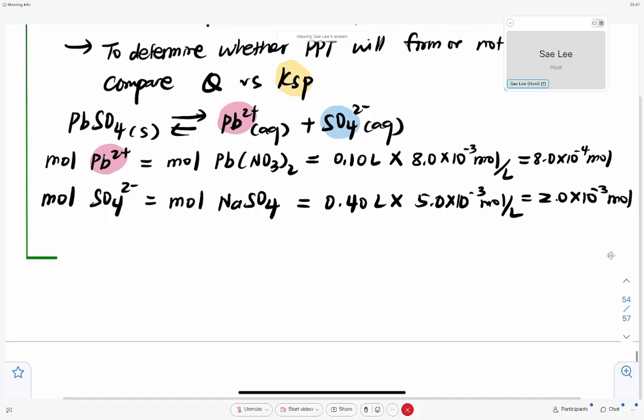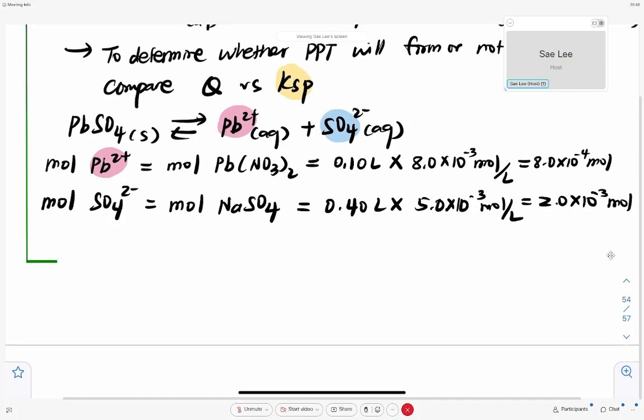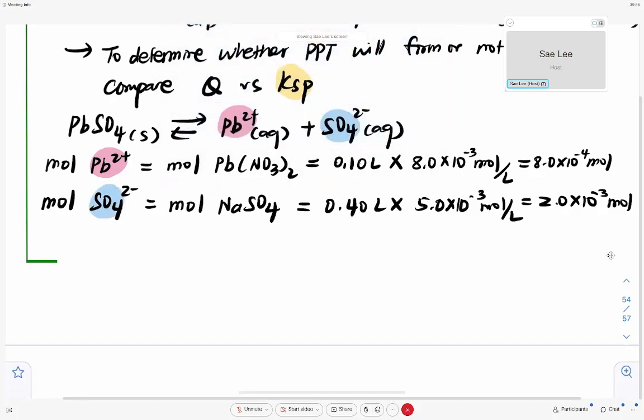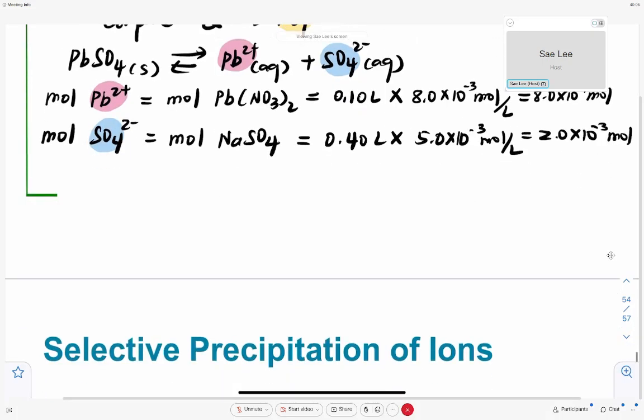Okay, so now we have moles of lead and moles of sulfate. We can calculate the concentration of these ions. The concentration of the lead equals moles divided by total volume.